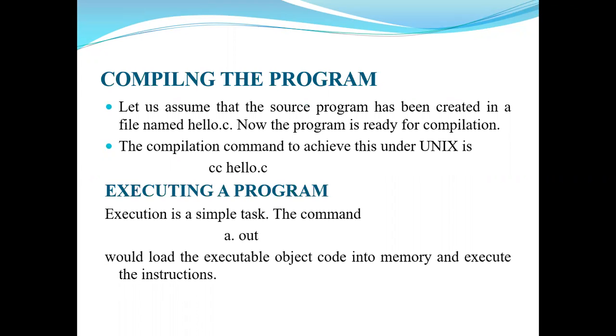The command a.out will load the executable object code into memory and execute the instructions. Whenever you type a.out and press enter, the object code is loaded into memory for execution. Then your CPU will consider your program for execution. Only then will it be considered for execution.